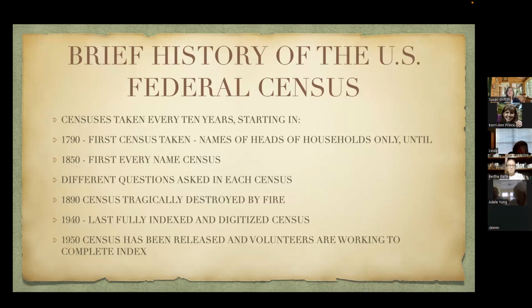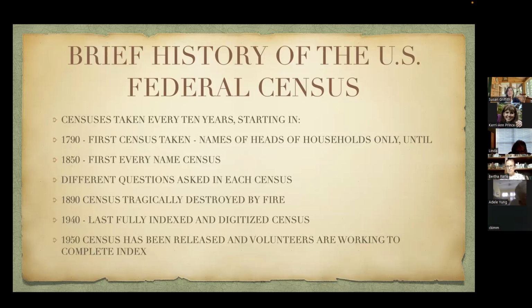For the first 50 years, it was the name of the head of household only. It's not till we get to the 1850 census that we have everybody named in the household. And then from 1850 on, different questions are asked about the family. It's kind of fun to see what they're asking, and see what that information helps us with in looking at our families.